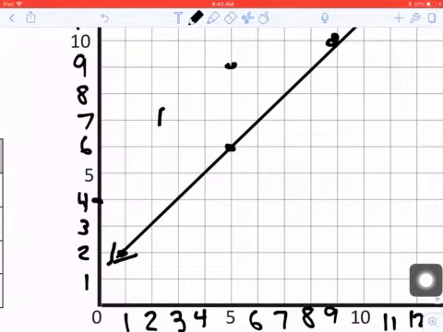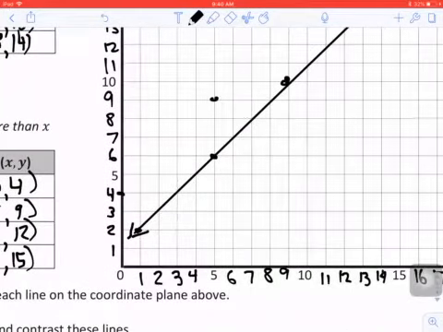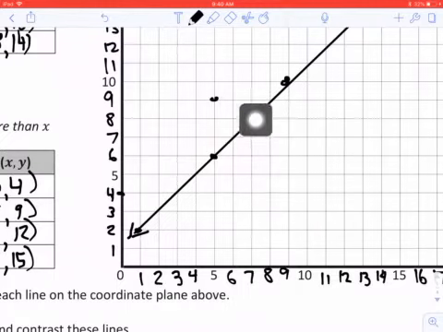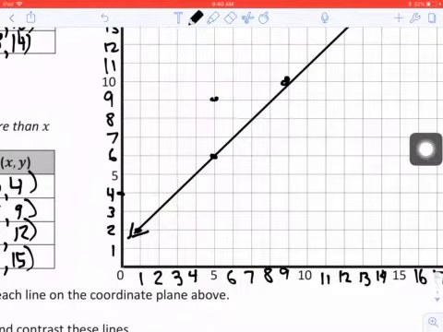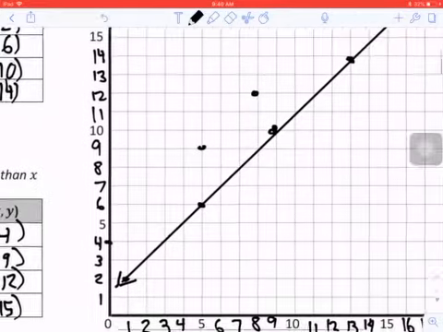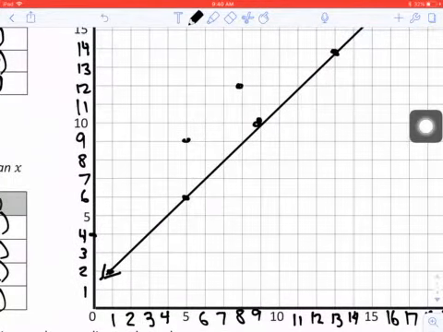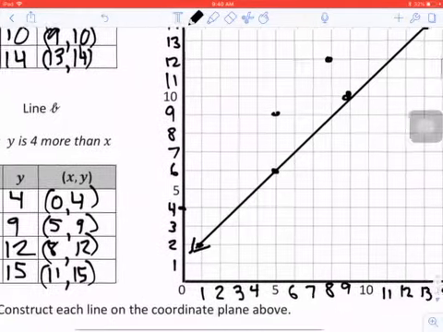Let me make sure 12 can be seen. Okay. 8 on the x-axis all the way up to 12. Then we have 11 on the x-axis all the way up to 15. Okay, and that's the last one.